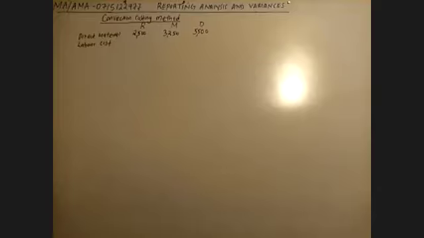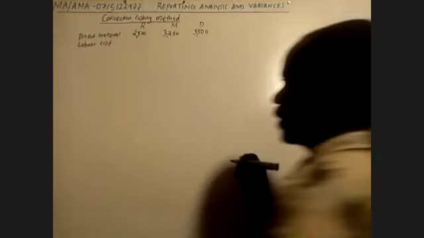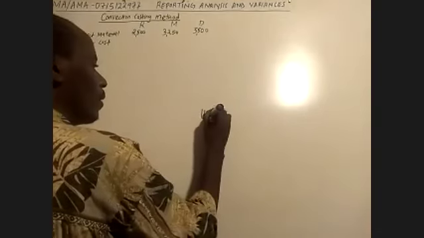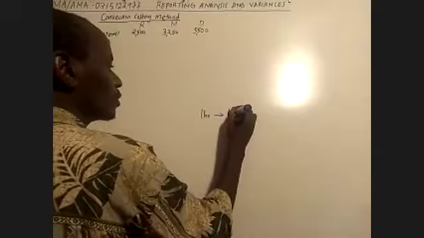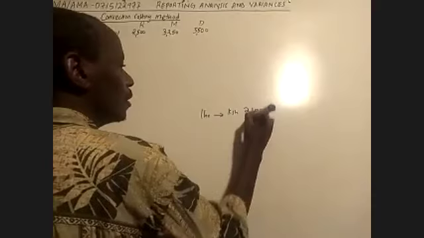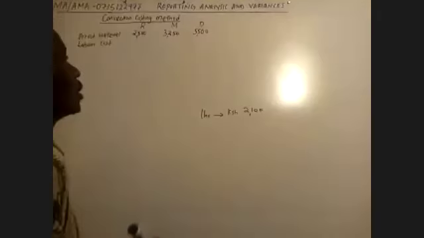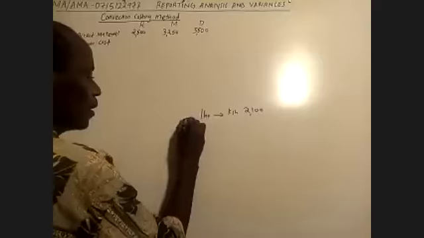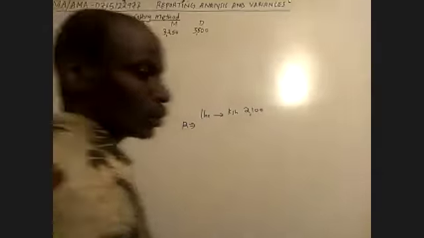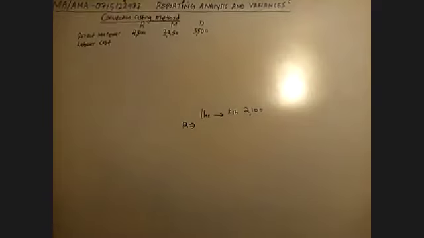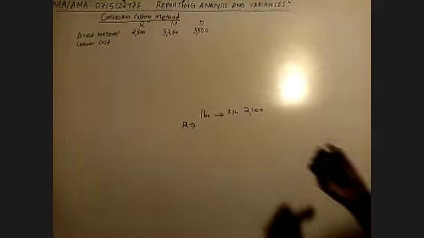So we know that 1 hour is Kenya shillings 2,100. Now, let's start with R. What is the total hours for R? For regular, the direct labor hours per unit is 0.75.